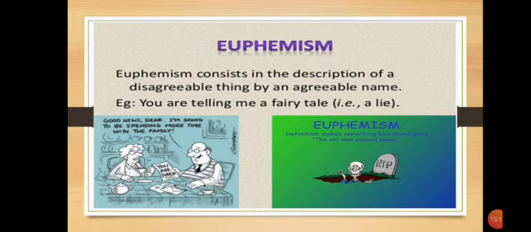Actually, we want to tell that I don't want to listen to any lies from you, any lame excuse. But what we actually say is, you are telling me a fairy tale. Because if we directly accuse that person that you are lying, it will be very offensive. So we use sugar coated language or polished language, right? That is euphemism.